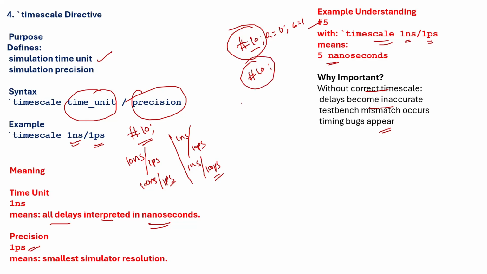If this `timescale is not there, your simulation will execute somewhere else. At a particular simulation time delay I want to execute my output, like a equal to c or d, but it is not executing because the timescale is not mentioned. If delays are not mentioned properly, it will execute at different intervals of time.